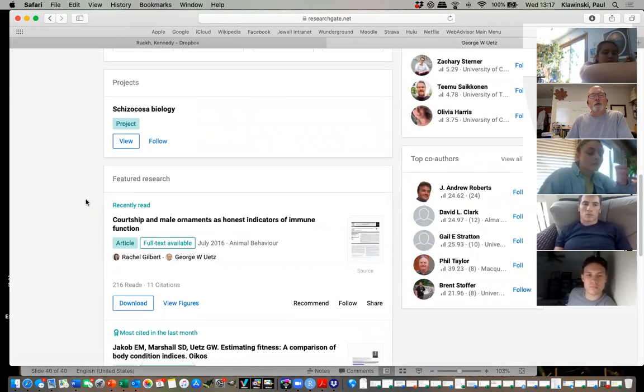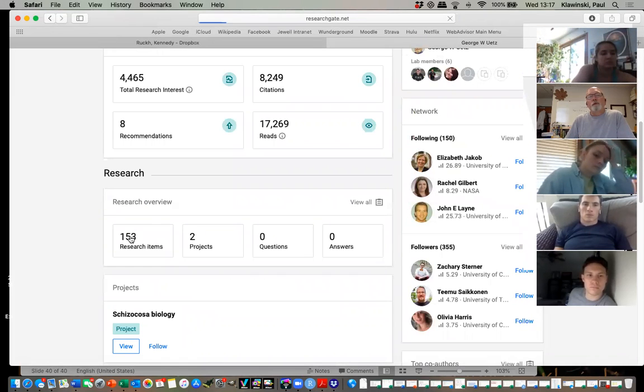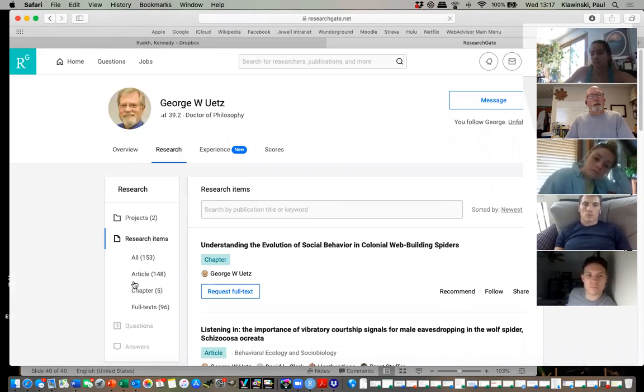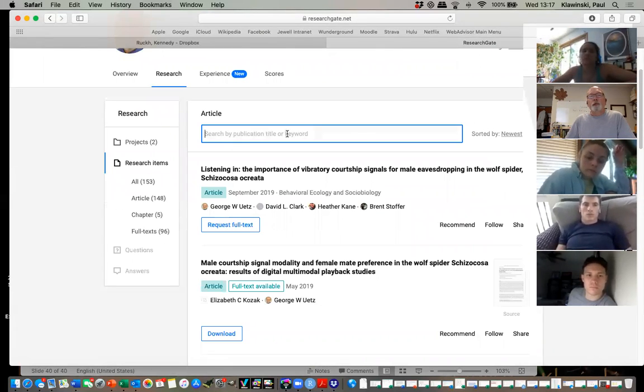And in his ResearchGate account, you can find all of his 153 research items. And you can search for them by article. You can actually search by publication title or keyword, and you can find the stuff that he has written.